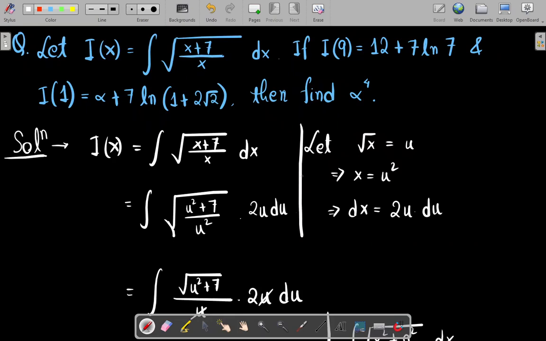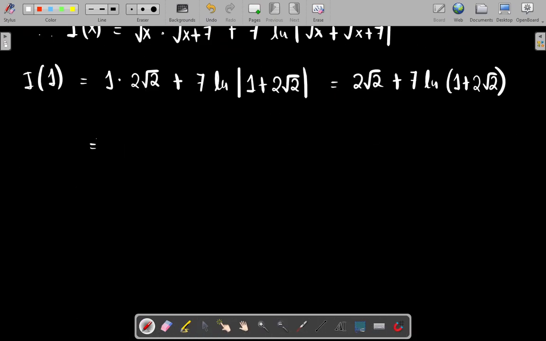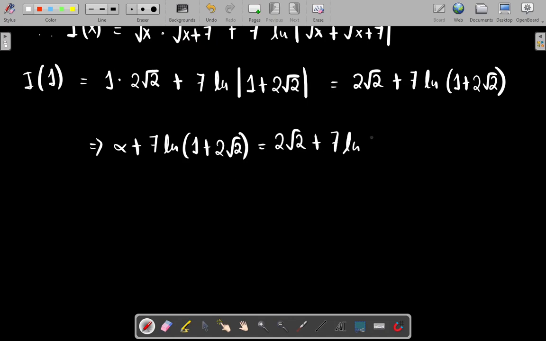Now what was the value of I(1) which was given? It was given alpha plus 7 log 1 plus 2 root 2, right? So it was given that alpha plus 7 log 1 plus 2 root 2 is equal to this 2 root 2 plus 7 log. So this and this are same.